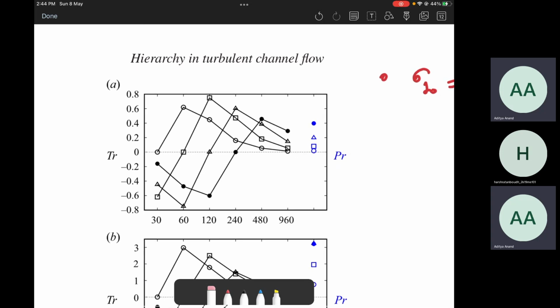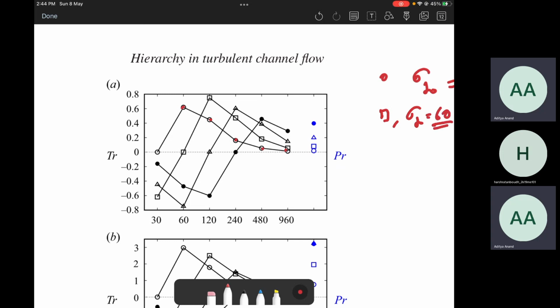The energy transferred from structures of size 60 to size 30 is here. We see there is some positive energy transfer. From 120 to 30, again there is some energy transfer but lower than what we saw earlier, and so on. Here squares were sigma 2 of 60.